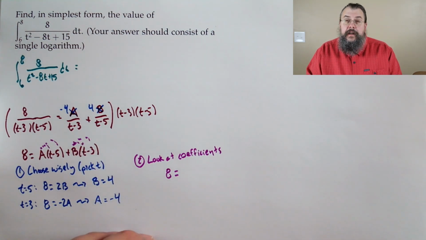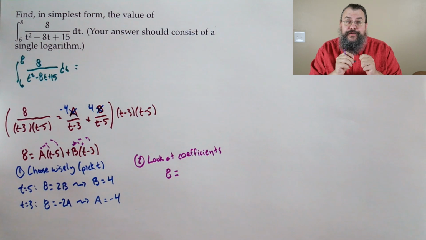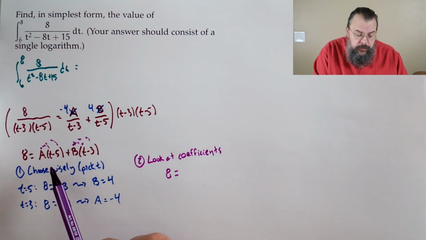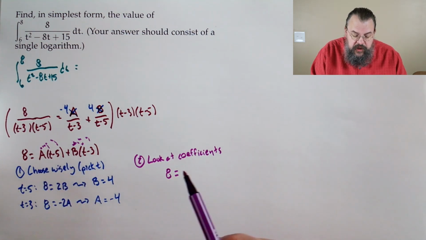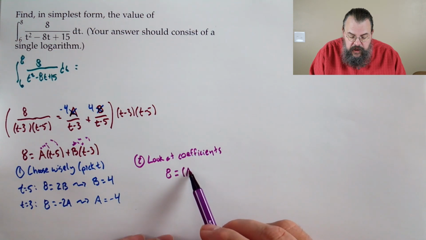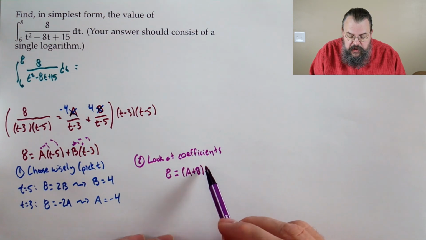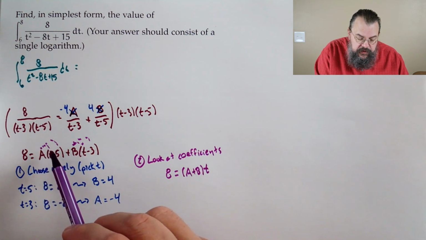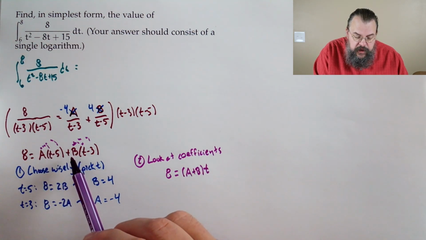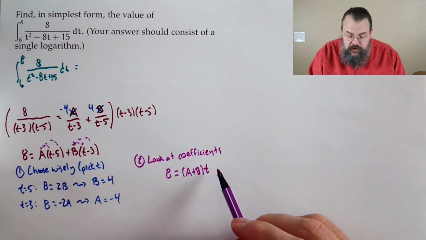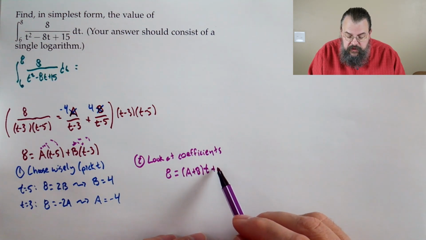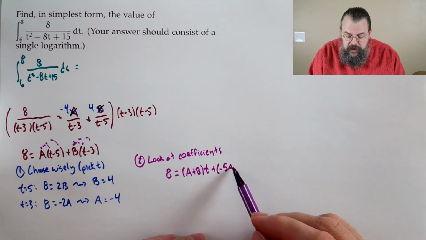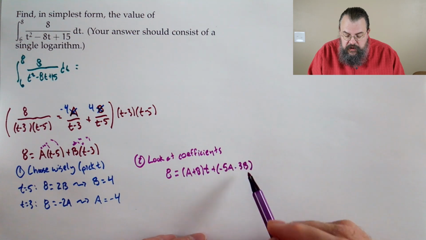So let's look at our coefficients of powers of t. Well, we're going to have at plus bt, so we're going to get a plus b times t. And then here, about the constant terms, there's a minus 5a and a minus 3b. So we're going to have plus minus 5a minus 3b.